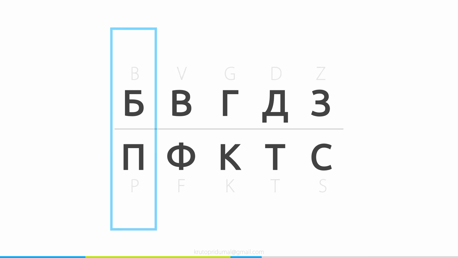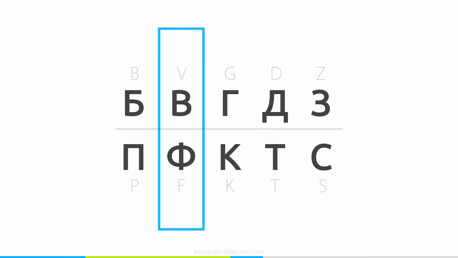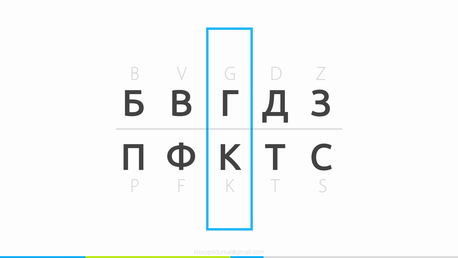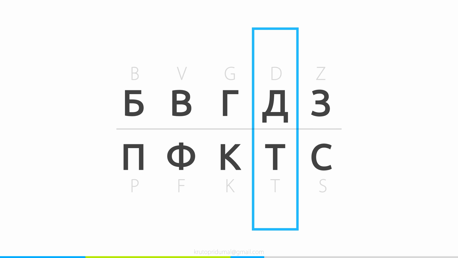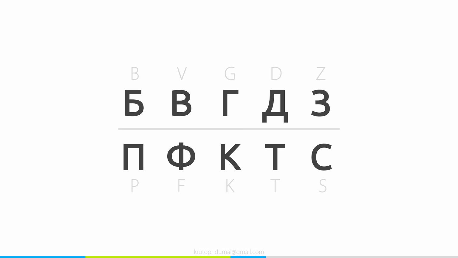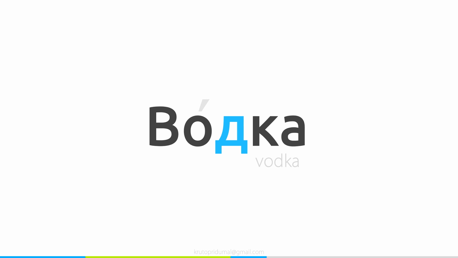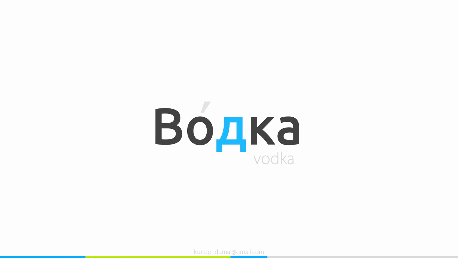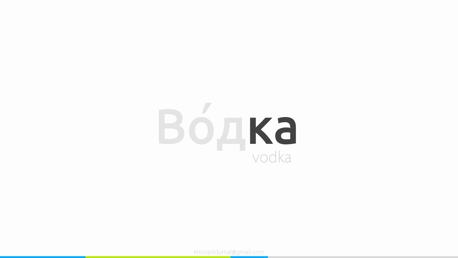Alright, now we know that B sometimes sounds like P, V like F, G like K, D like T, and Z like S. This happens not only when they are right at the end, it also happens when they are close to another voiceless consonant, like in this word, vodka. Can you hear that? D sounds like T because there's K next to it.